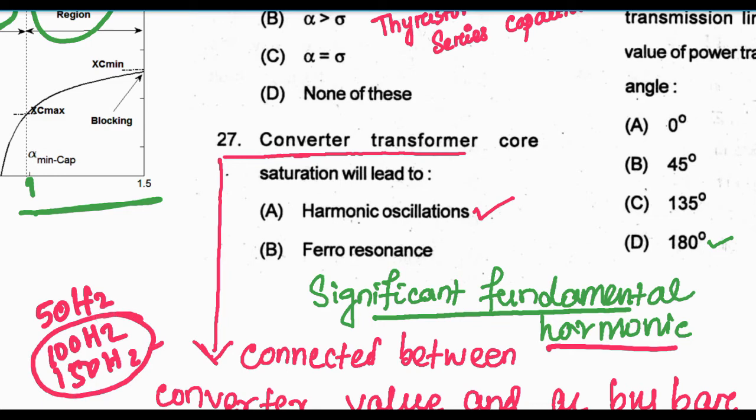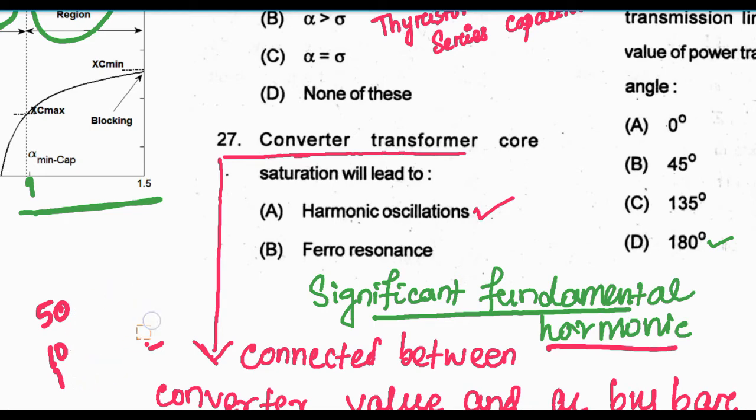These are harmonic frequencies. Although 100 hertz is not present, but 150 hertz third harmonic, fifth harmonic, seventh harmonic, ninth harmonic, all those odd number harmonics are present. But can we tell 50 Hz is a harmonic? Yes, in case of DC, we can say 50 Hz to be a harmonic.